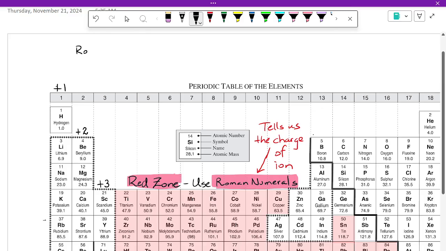These are our Roman numerals. One is I. Two. Anyone want to guess? II.